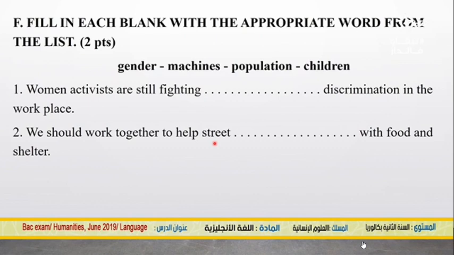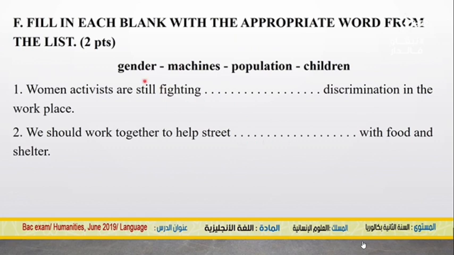Well, exercise F is about collocations. You should choose the correct word which collocates. Okay, now let's have a look at the exercise and I'll tell you how to do this. So, exercise F. Fill in each blank with the appropriate word from the list.